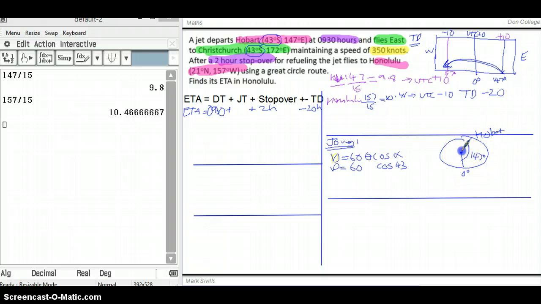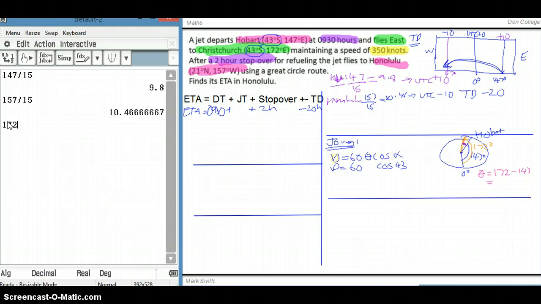Hobart, now it's not quite 180, but it's not far off. So all the way around to there is 172. Now we want the angle between them, which is just that smaller one there. So theta will be 172 minus 147, which leaves us with 25.